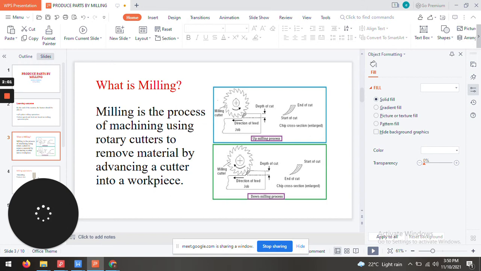We have the up milling process, where the material is removed on the upward rotation of the cutter, and the workpiece is advancing into the cutter. And the downward milling process is when the cutter is advancing away and the workpiece is moving into the cutter.